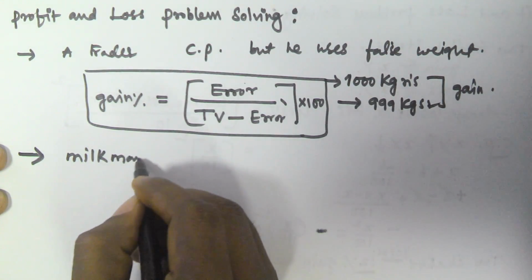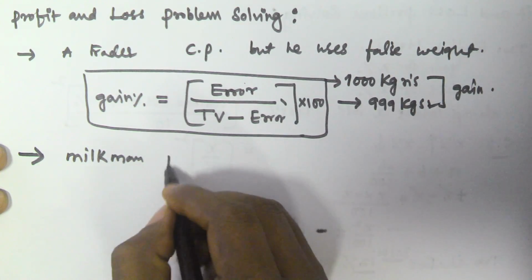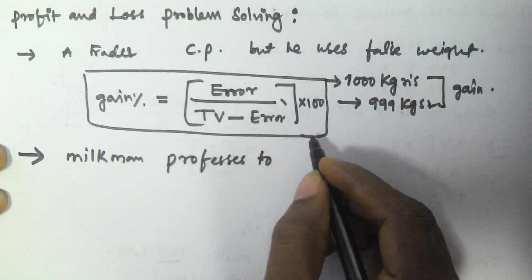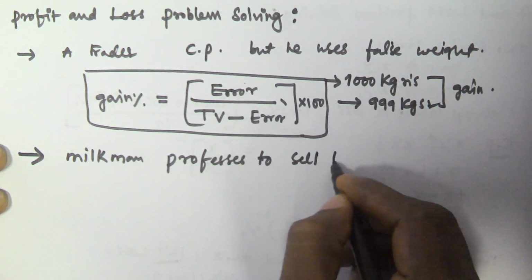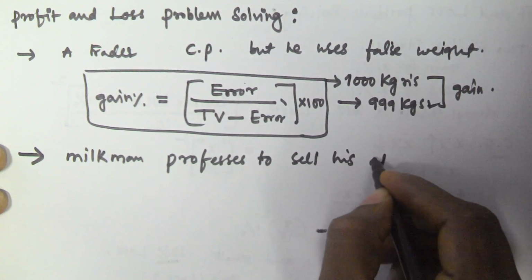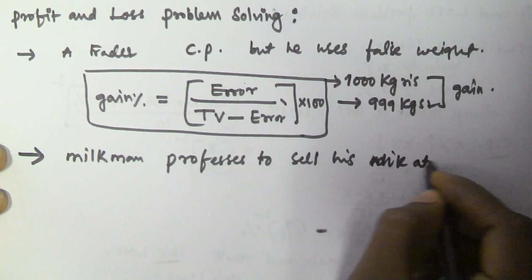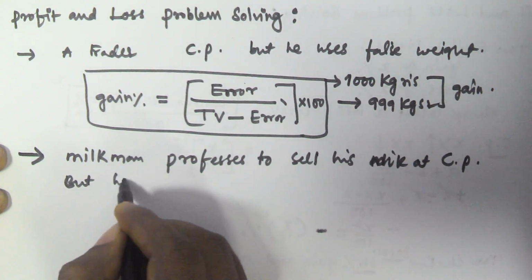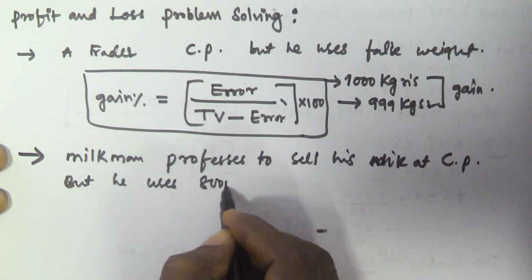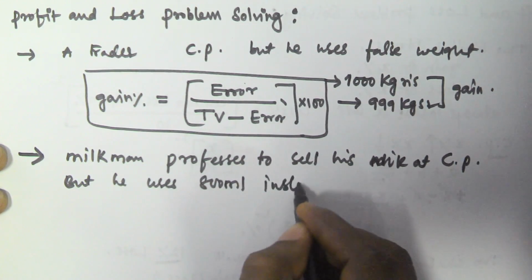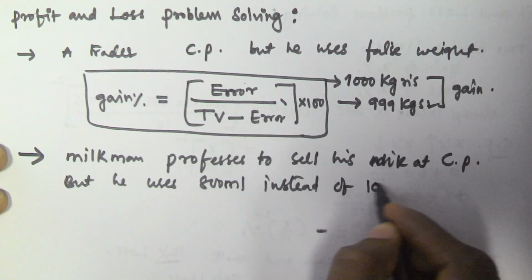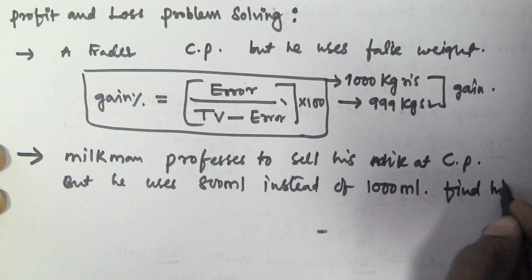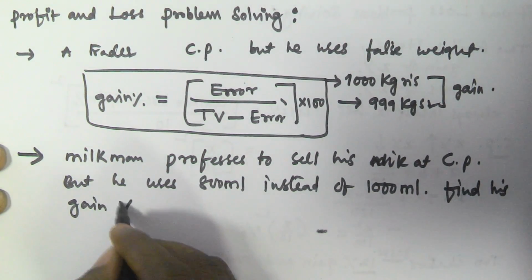A milkman professes to sell his milk at a certain cost price, but he uses 800 ml instead of 1000 ml. Find his gain percentage.